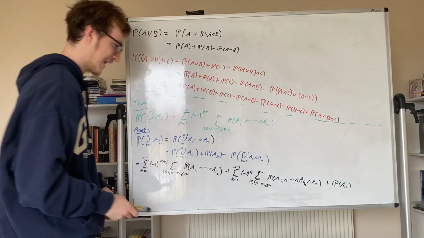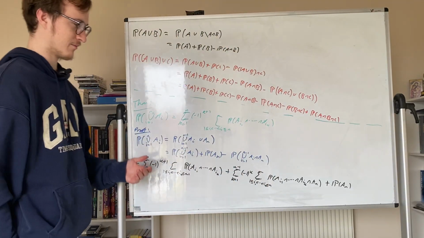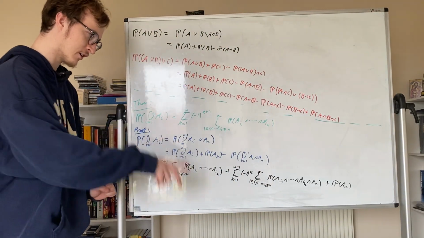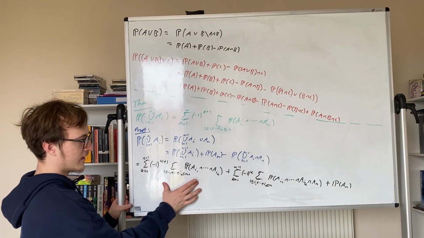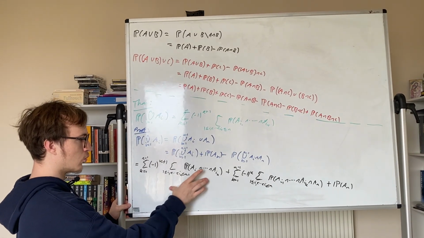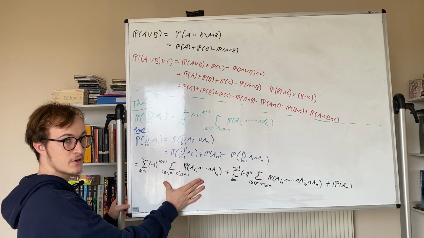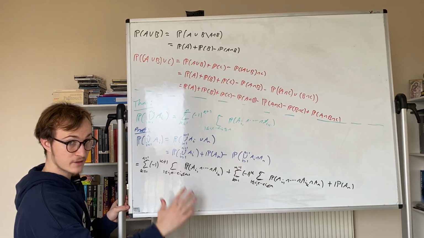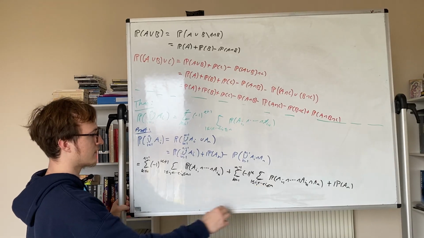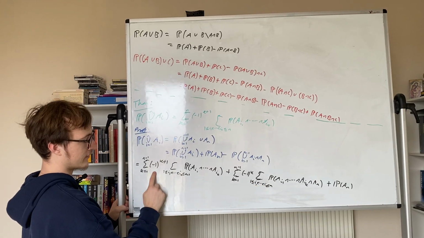Now, how has this actually done anything? Well, let's look at what we have here. Firstly, here we have all of the intersections that have no An. So we get all of the singletons, all of the doubles, everything that doesn't have an An, we get from here, and the sign is correct.